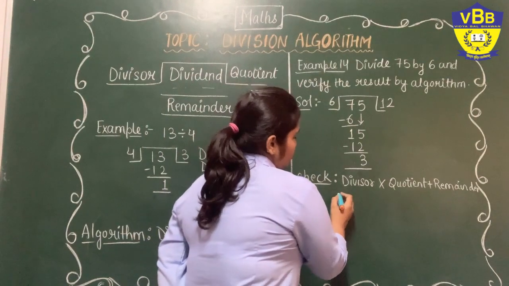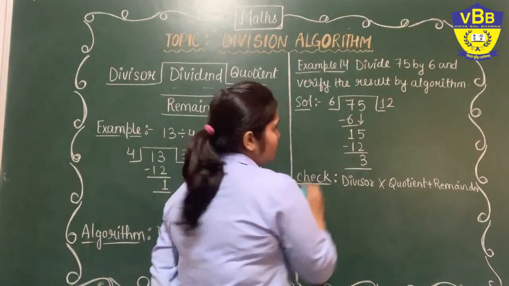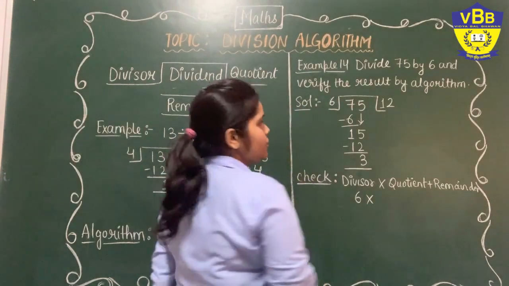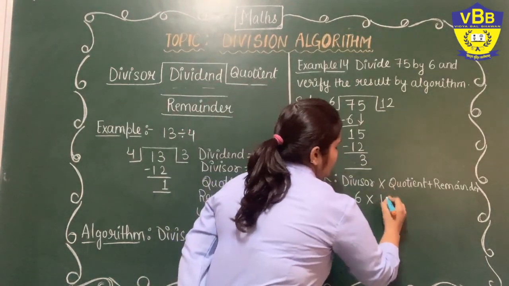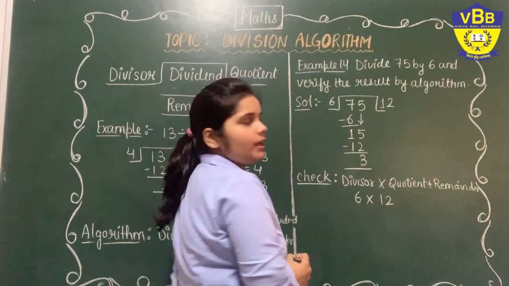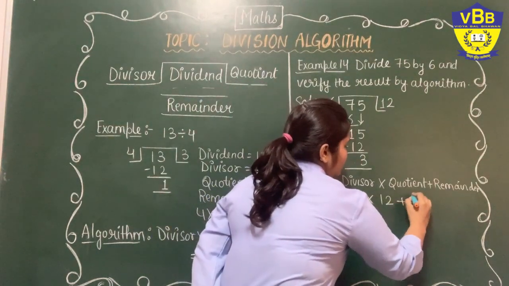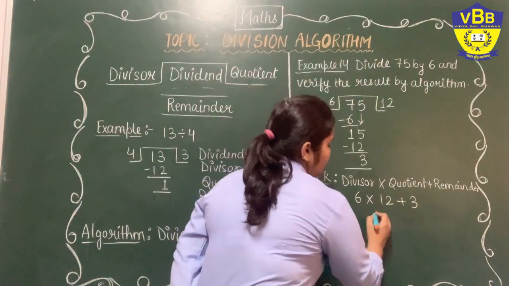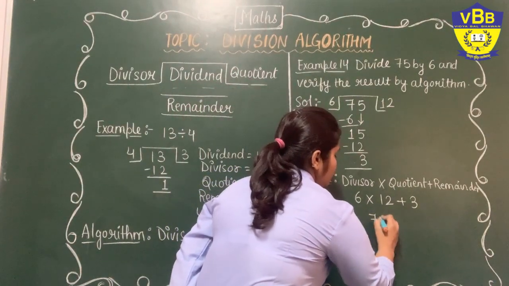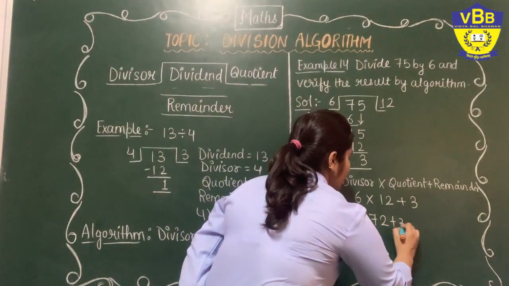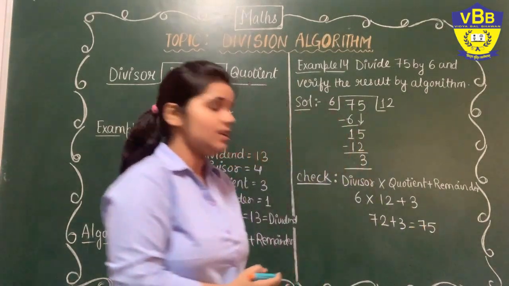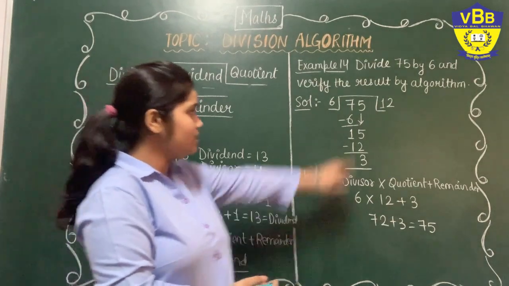Okay. So what is our divisor? Our divisor is 6. Multiply. What is our quotient? Quotient is 12. And what is our remainder? Our remainder is 3, plus 3. Now solve it. 12 multiplied by 6 is 72, plus 3, that is equal to 75. 75 is the dividend.